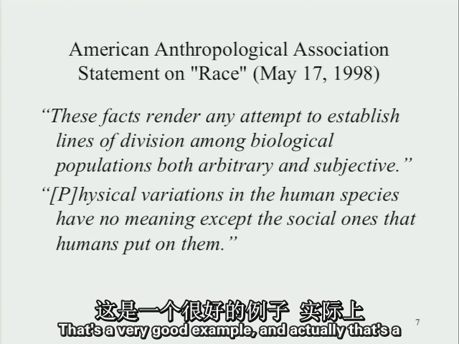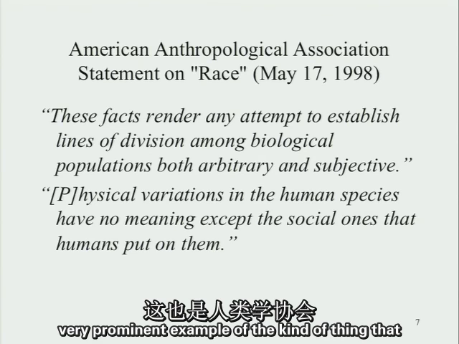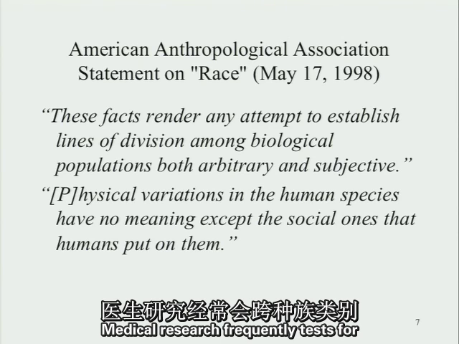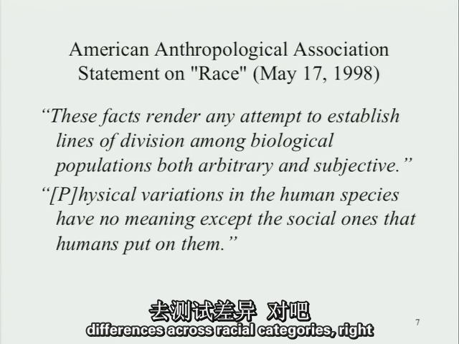Okay, that's a very good example, and actually that's a very prominent example of the kind of thing that the Anthropological Association was concerned about, right? Medical research frequently tests for differences across racial categories, right?